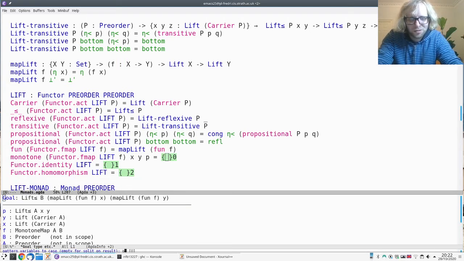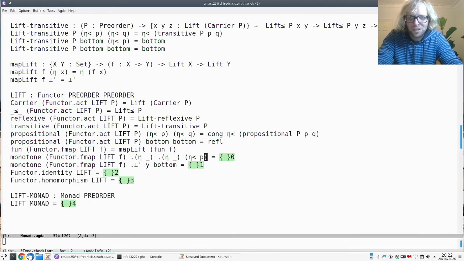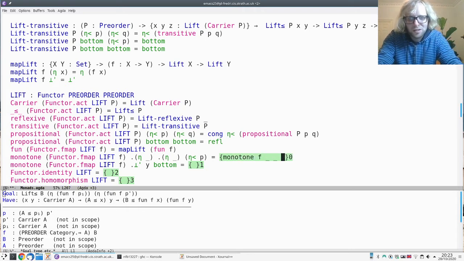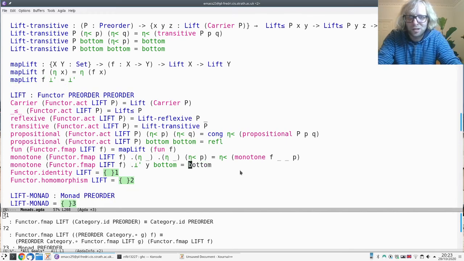So let's look at this proof and see what it is. It's either an inclusion from the original preorder, in which case we should be able to use the fact that f is monotone, together with eta less than, I hope. Yes. Or it's a bottom proof, which means that this element was bottom, and then maplift is preserving the bottom. So this should just be bottom.